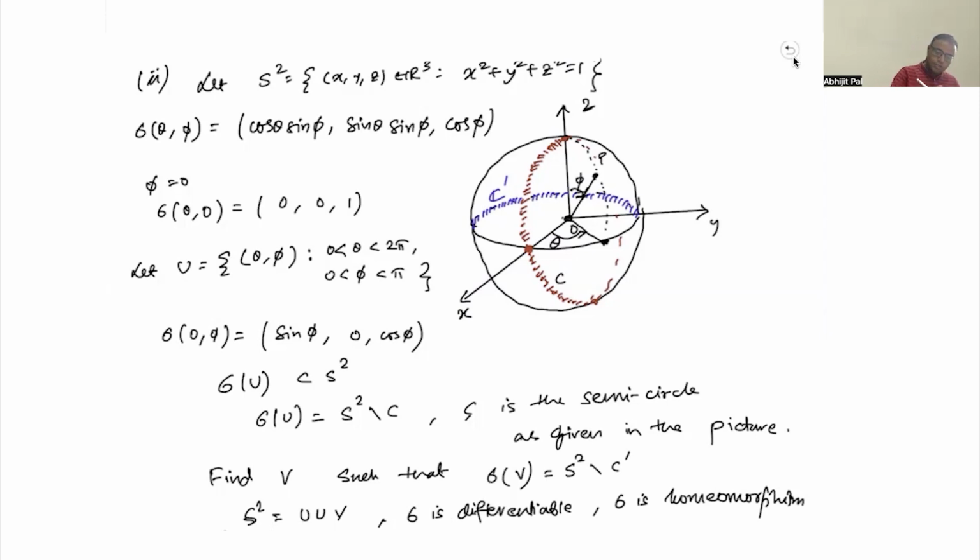And also you can check that d sigma, the differential at any point Q belonging to U or B, is injective.